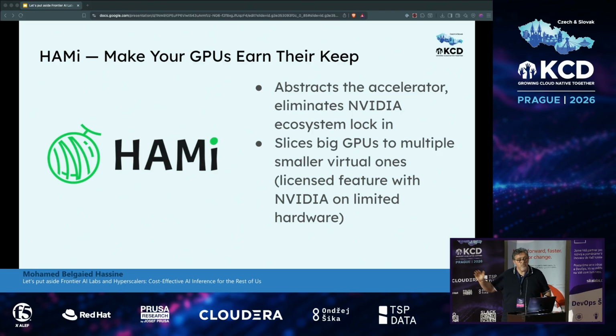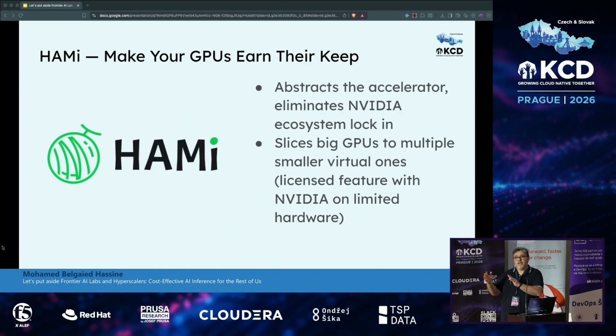You can use consumer ones if you want to. And also, you can share these GPUs. You can slice them and use them accordingly. So that's the most important features of HAMi. That way, you can maximize utilization of your GPUs, especially if you use small models compared to the capability of your GPUs.